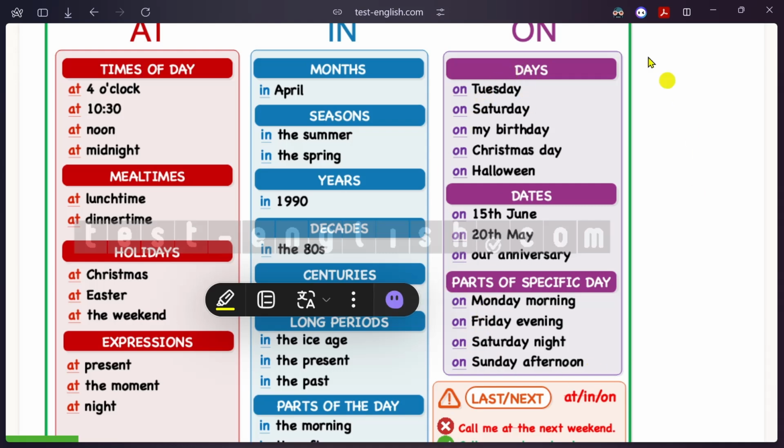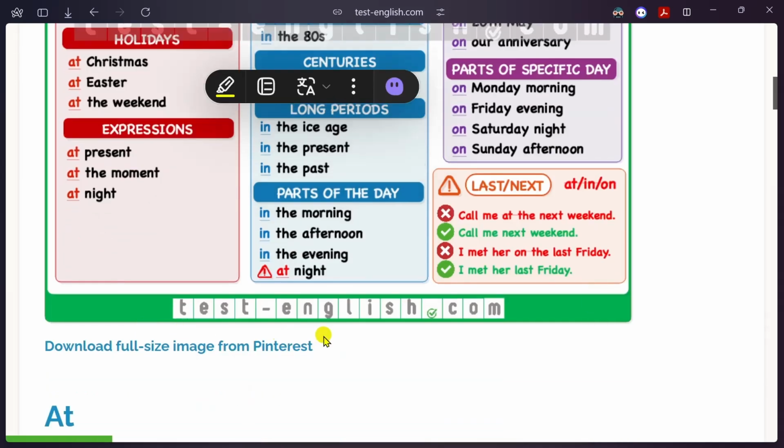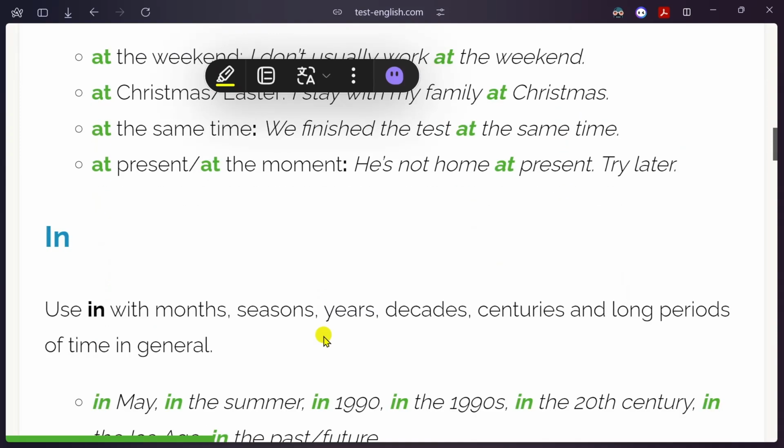So if we had to summarize, on is days, in is long periods of time, and at is a certain time, a specific time, or some expressions, some special occasions. So at is a little more flexible.